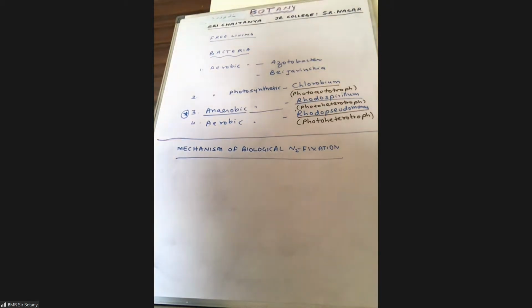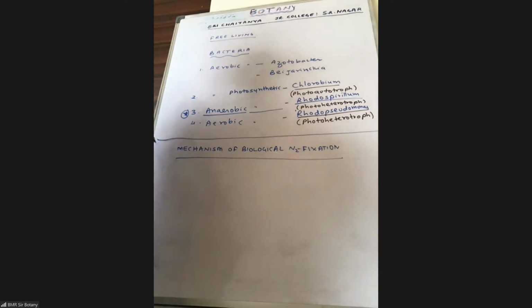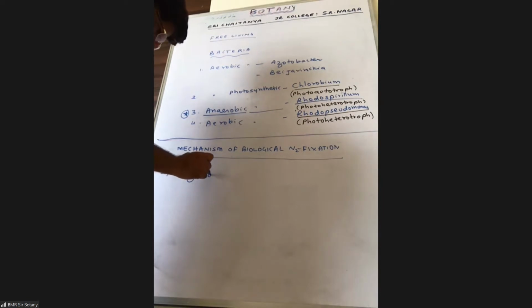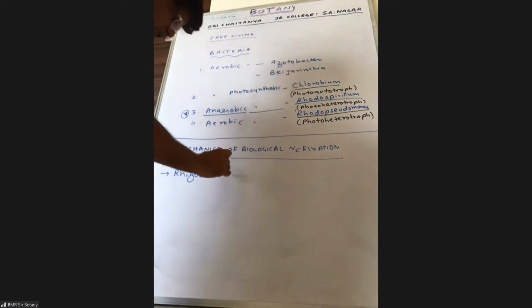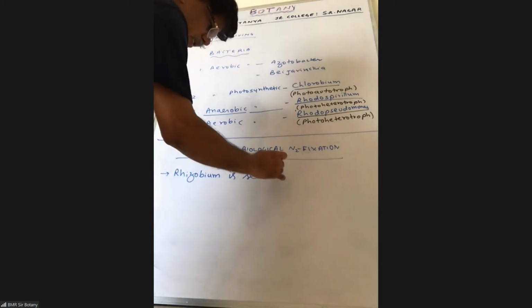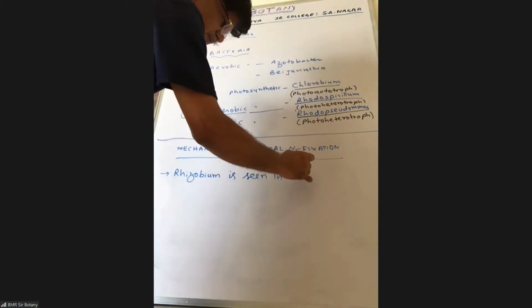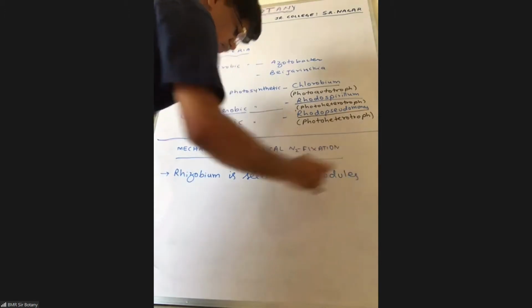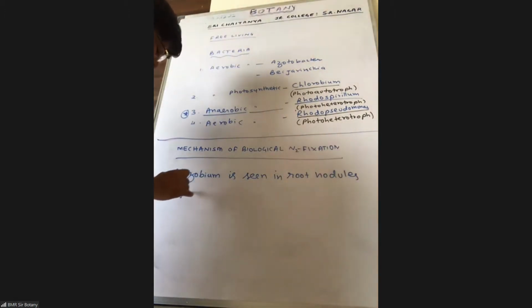That point I'll tell you later. So Rhizobium is seen in root nodules of several legume plants.